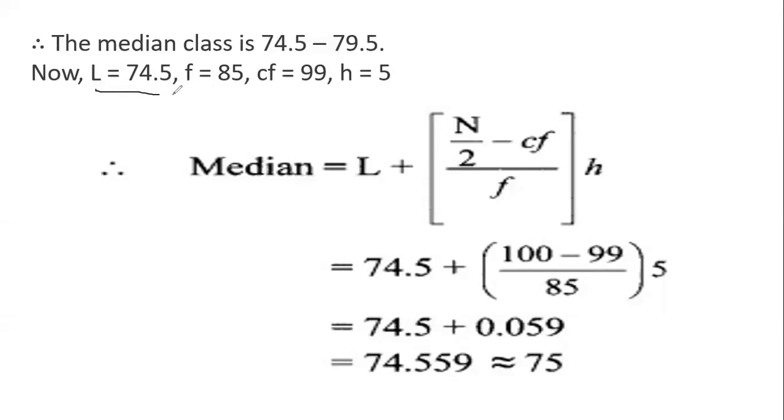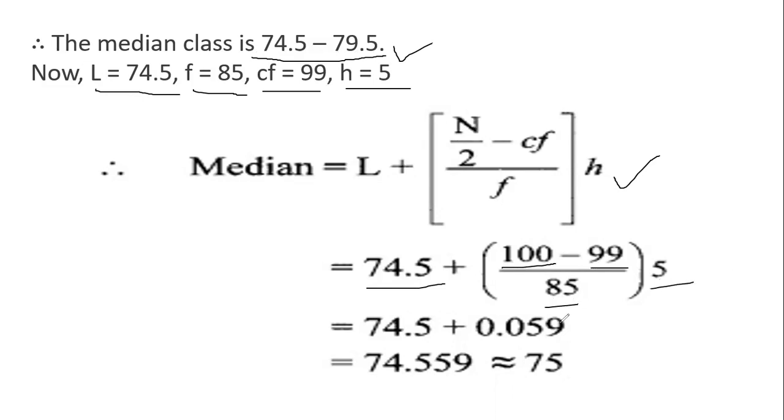So L is 74.5, F is 85, CF 99, H is 5, median class that you already selected. Substitute in formula L plus N upon 2 minus CF upon F into H. L is 74.5, N upon 2 is 100, minus CF 99, F is 85, upon 5.